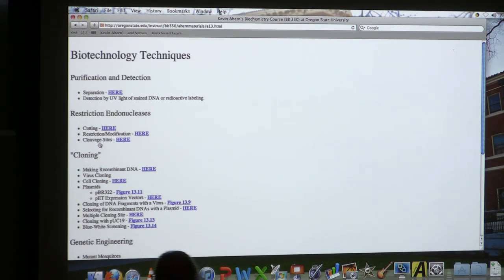Well, bacteria get infected with viruses just like we get infected with viruses. And in the case of bacteria, they get infected by things called bacteriophages. Or more commonly, you're probably going to call them phages, P-H-A-G-E-S. Phages are bacterial viruses.